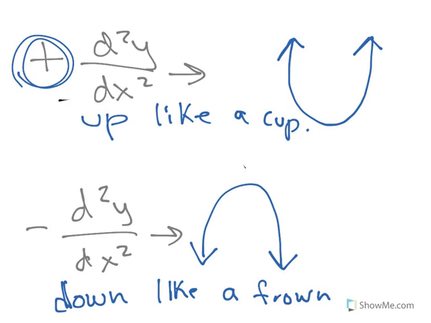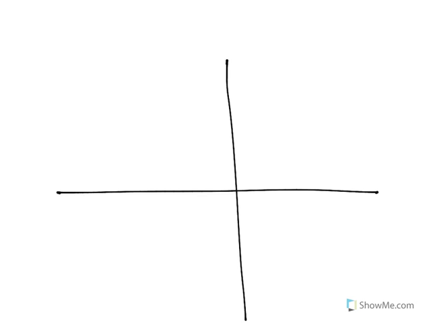So you can see like a frown and like a cup, like so. And just to keep that in mind, for example, when you have x cubed, which you might recall to be something like this, well, this is actually negative x cubed.